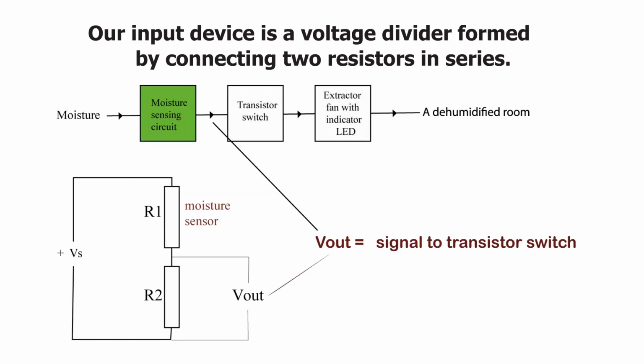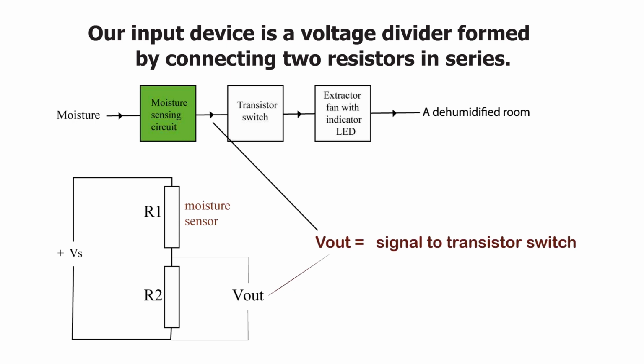And this is our moisture sensing circuit. It's simply two resistors in series forming what we know as a voltage divider. There's a moisture sensor, which is represented by resistor R1, and there's resistor R2. It's important to note here that the signal that goes to the transistor switch is the voltage across resistor R2.